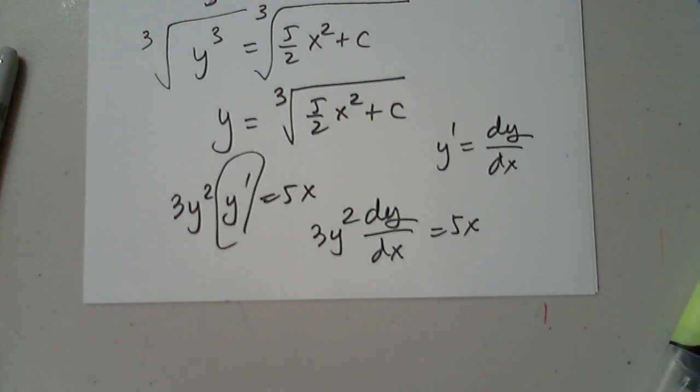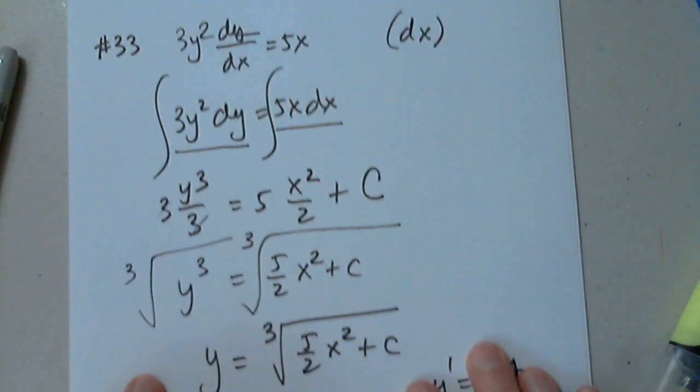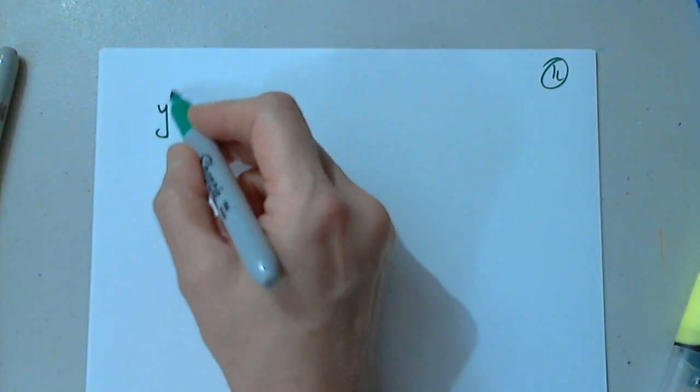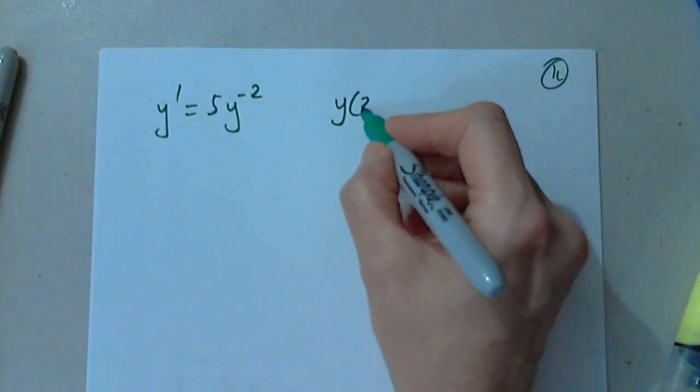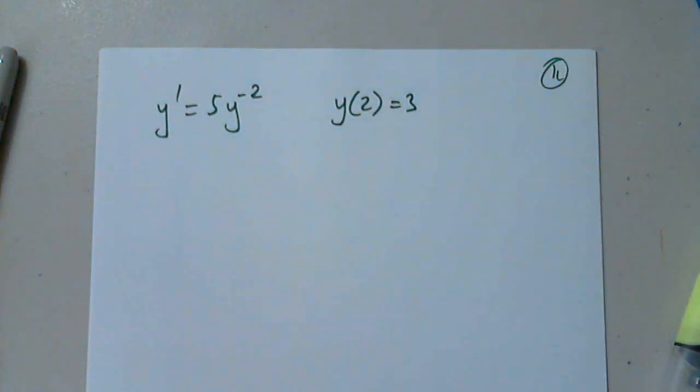Okay, let's look at one more in which we are given an initial condition. So for example, 41, because I want us to have an example like that. We had it in the notes in the class, but we still have time. So let's say y prime equals 5y to the negative 2, and they were telling us that y of 2 is 3.